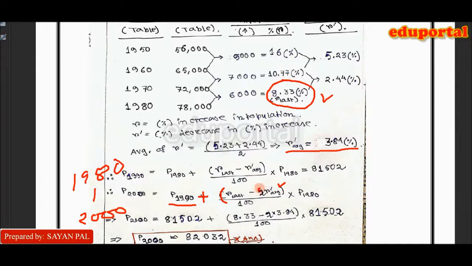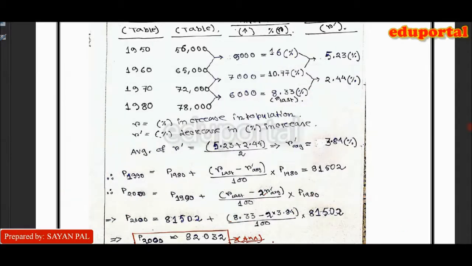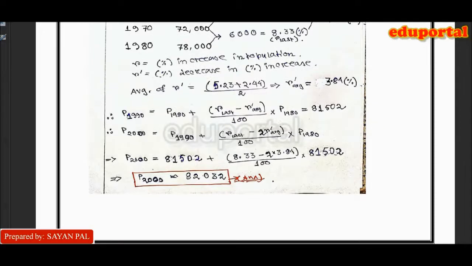So we take 81,502 that we got from here, r last 8.33, and 2 into 3.84, where 3.84 is the r dash average. Putting all these values, we finally get P 2000, the population in the year 2000, equal to 82,032. So this is the answer.